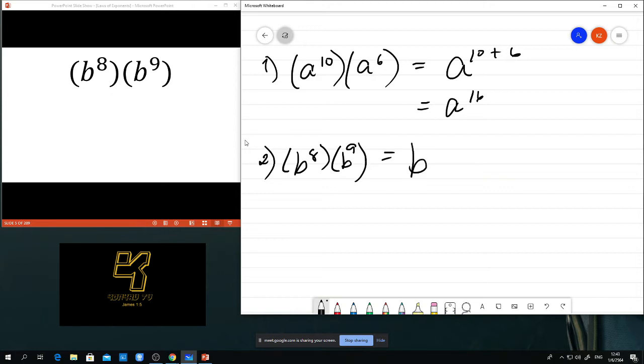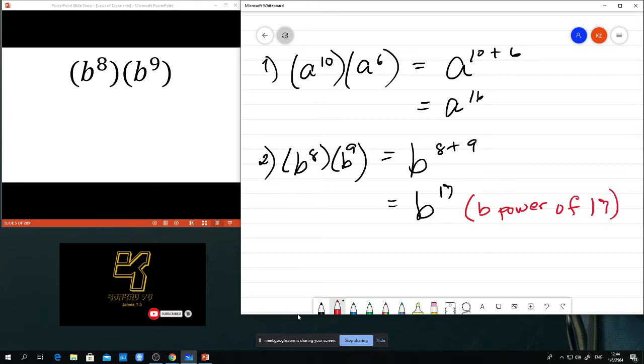So b power of 8 plus 9, power of 17. We read this as b power of 17. This is how we read the exponent.